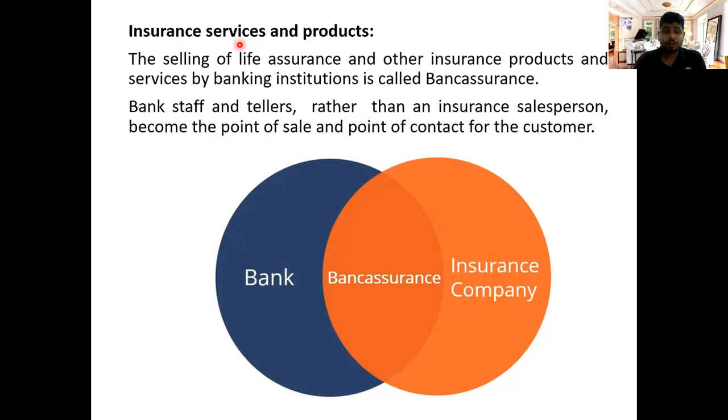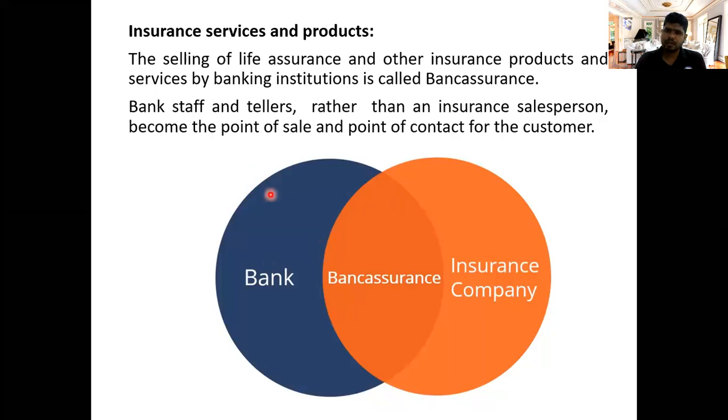It's a collaboration of bank and insurance company. It's called bank assurance, right? Here, insurance services and its products. The selling of life insurance and other insurance products and services by a banking institution is called bank assurance. Bank assurance, right?